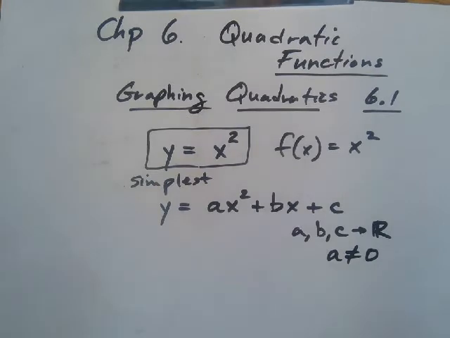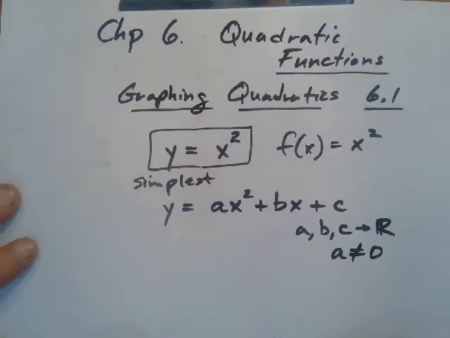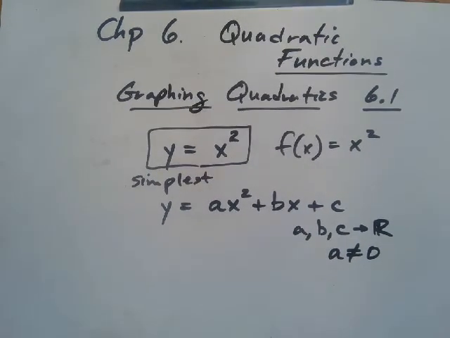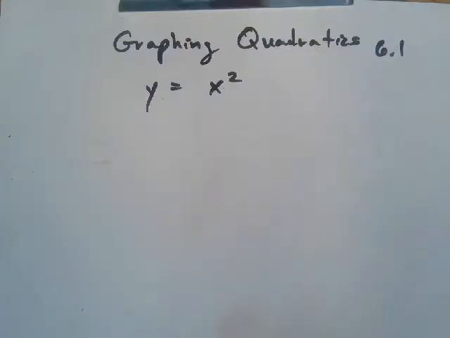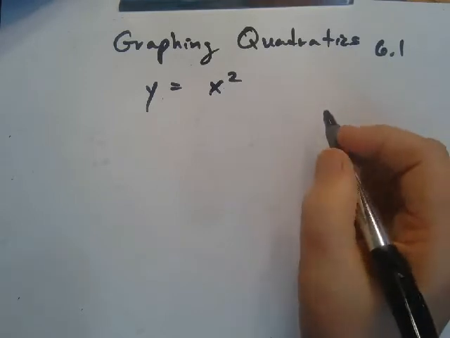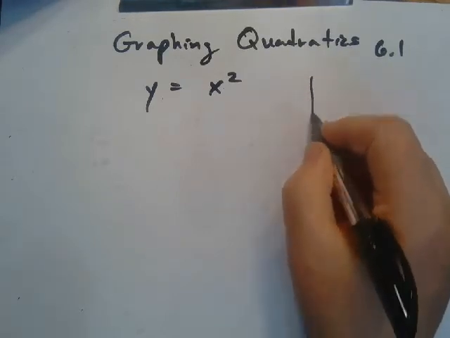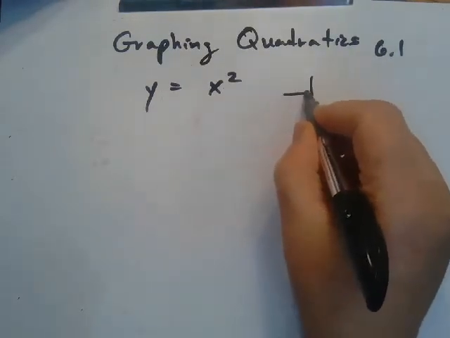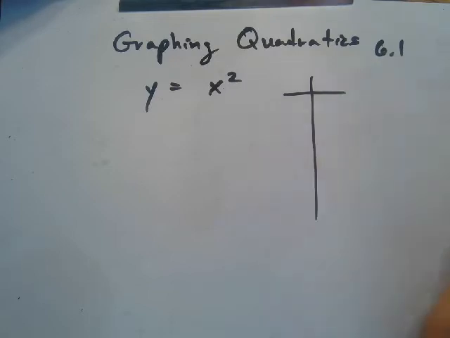Now, the quadratic function has a pretty basic shape. Let's take a look at it. All right, here's again the most basic quadratic function. And I want to go ahead and graph this manually, just so you can see what has to be done. To do that, I'm going to make a table, and I'm going to pick some values.